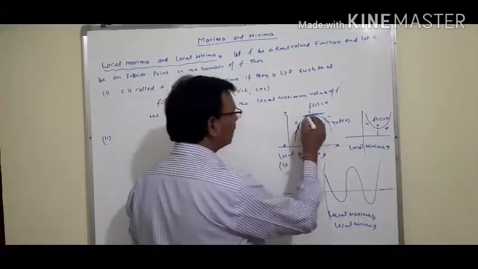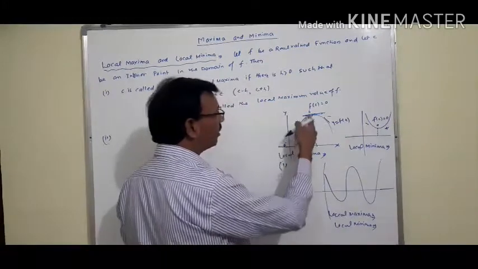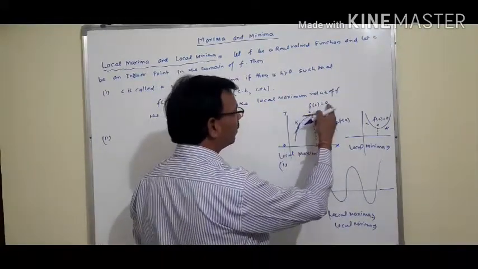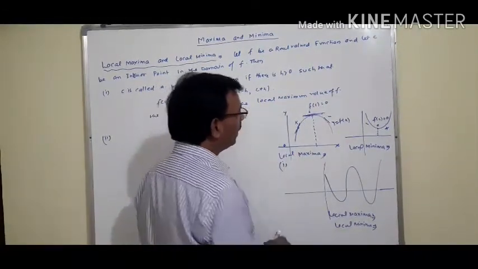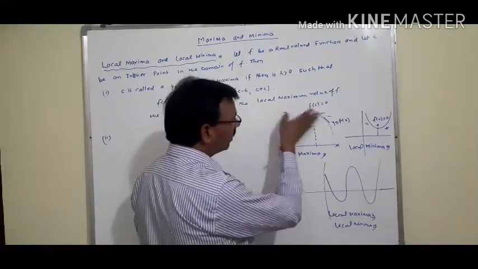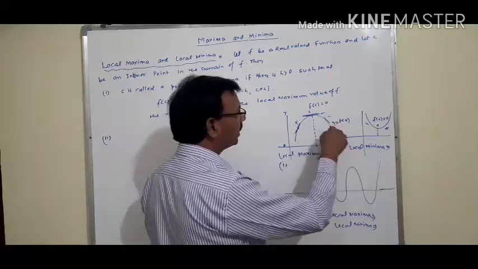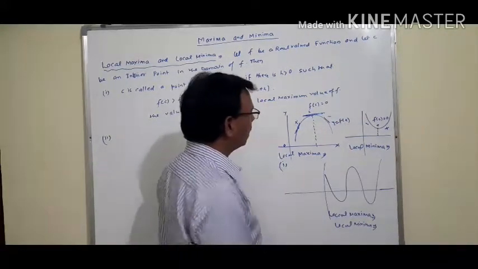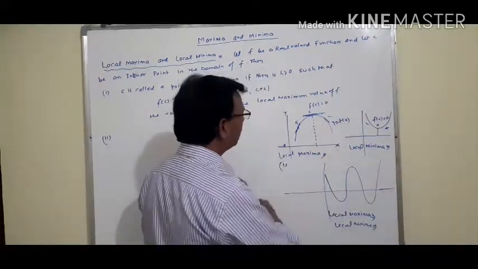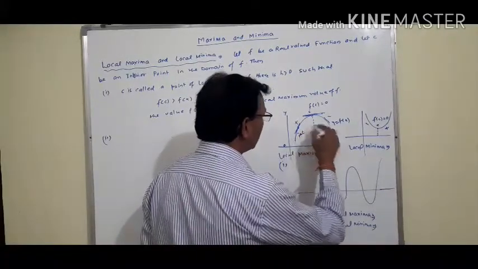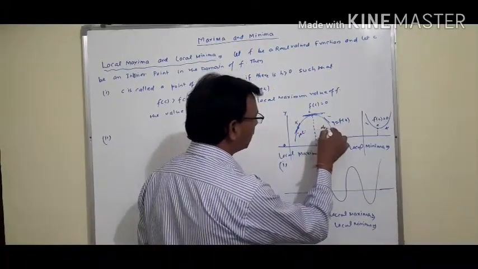If we move forward, the graph goes in the downward direction, that means it is decreasing. So here it is increasing, and here it is decreasing.